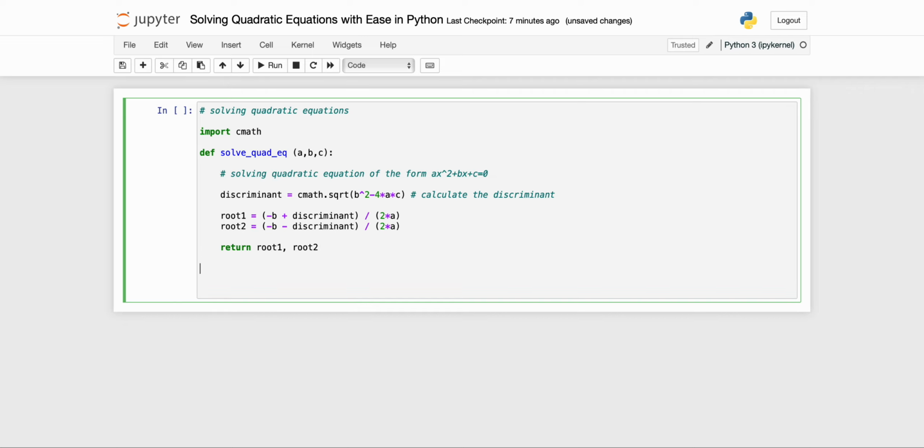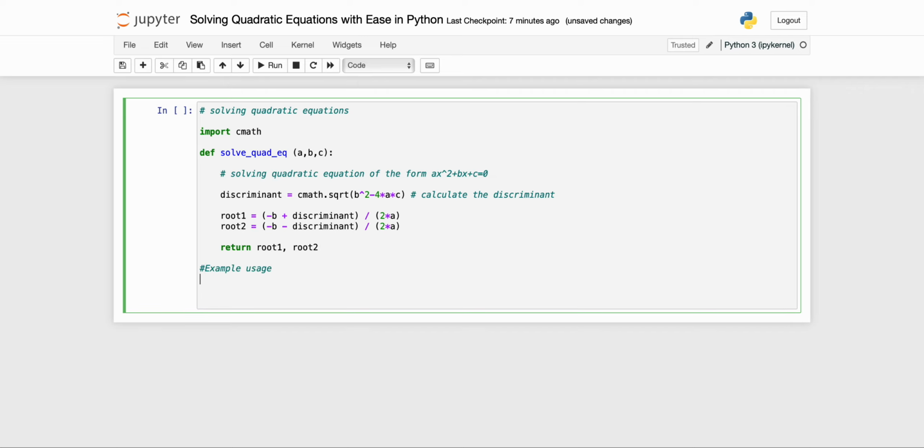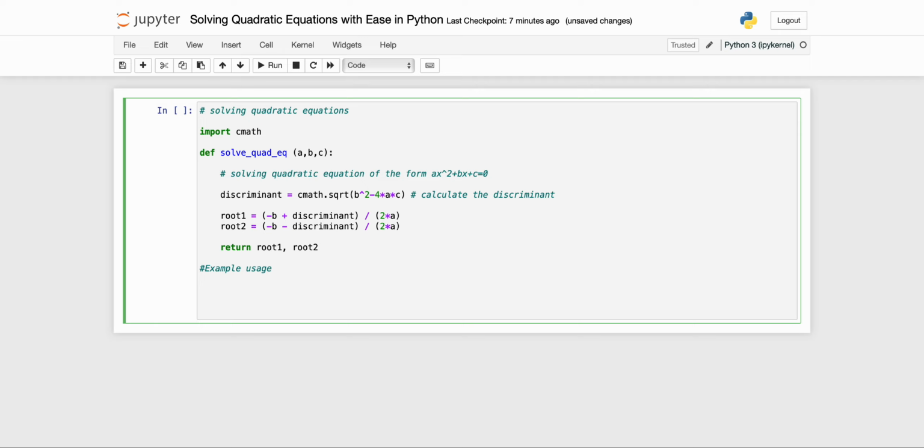Now let's look at an example usage. Let's build our prompts so we can enter those three parameters.